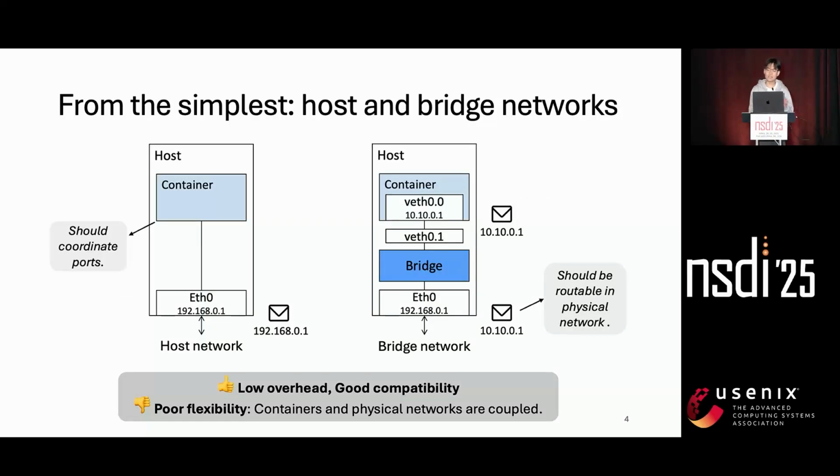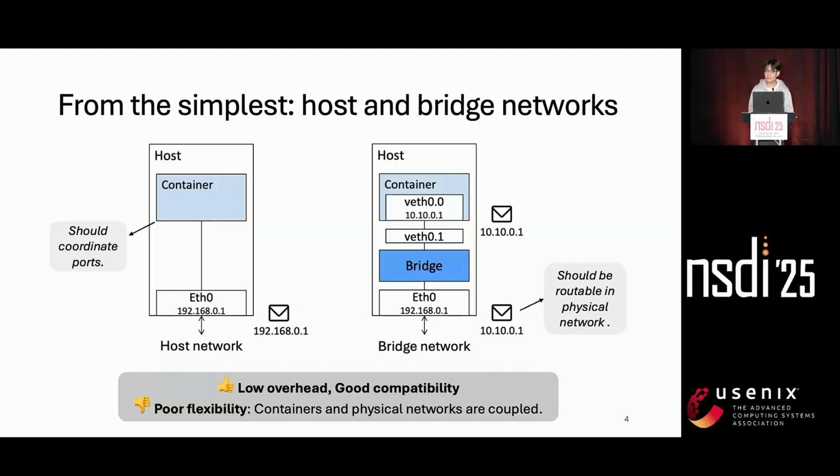So let's begin with the simplest types of container networks. In host networks, containers directly use the host NIC, which requires containers on the same host to coordinate ports with each other, and thus it limits application-side flexibility. Bridge networks and device virtualization techniques, such as MACVLAN and IPVLAN, assign each container a unique IP and directly forward the packet to the physical network.